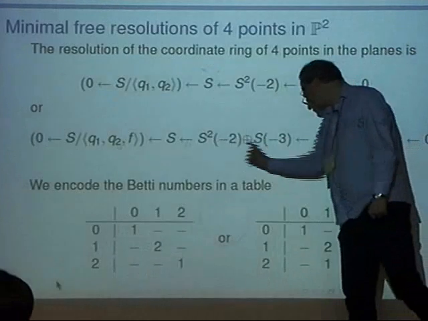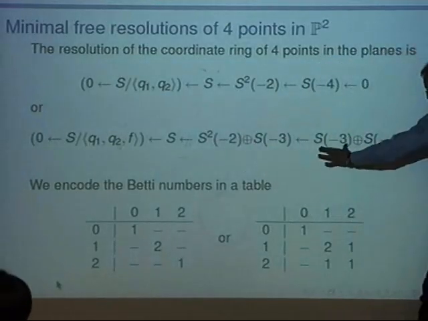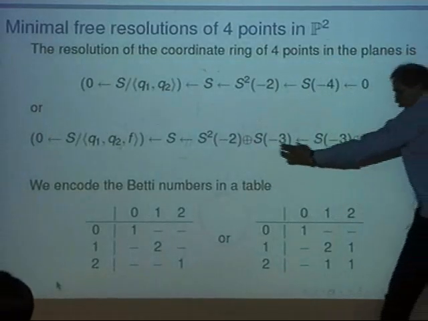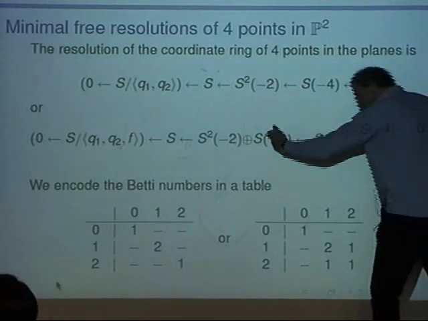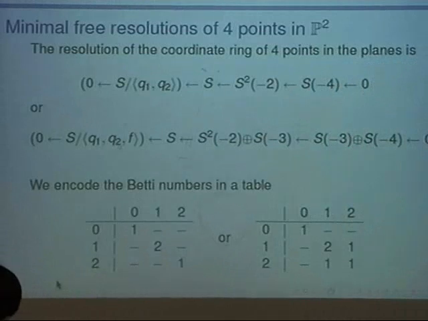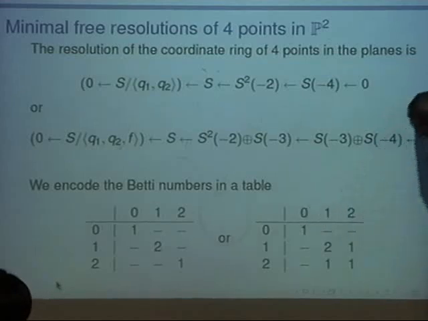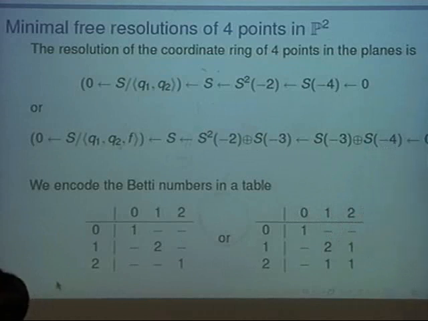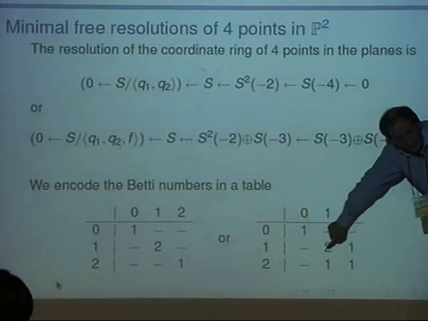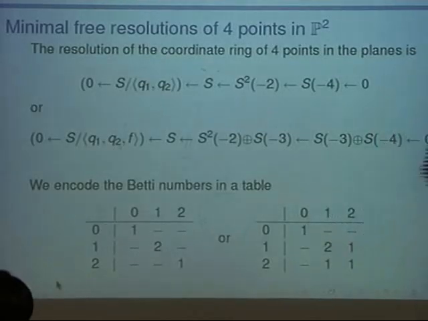And similarly, we had one where there was a linear relation among the quadrics, so this is then a total degree minus 3. And the free resolution looks like that. So the way I try to memorize this table, if I have 2 numbers in a line, this corresponds to a linear map. If I have 2 numbers in a square, this corresponds to quadratic entries.